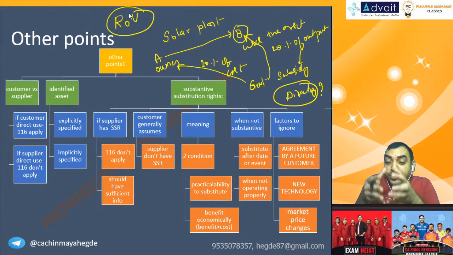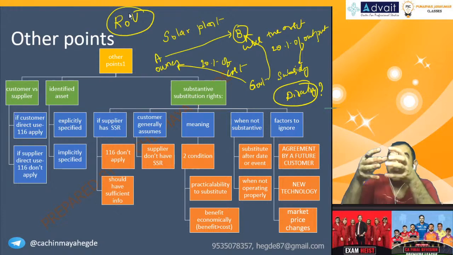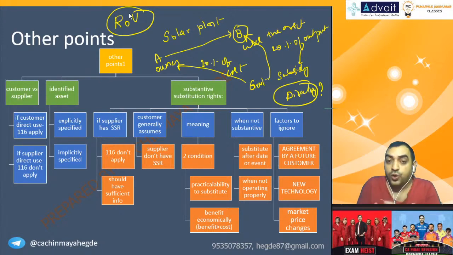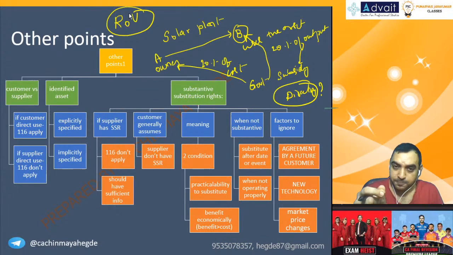Right of use: how the solar plant is to be used, how many units to be produced, how many units to be sold, when to be produced. Use is with B, and therefore for the use he is getting the 20% benefit. A cannot determine how much B should produce, therefore the answer is B. Right of use lies with B.